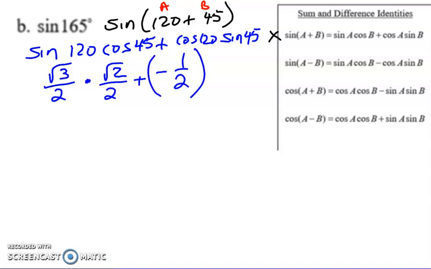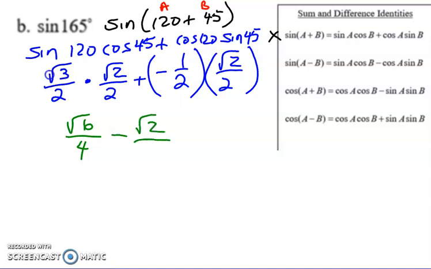And the sine of 45 is square root of 2 over 2. So again, when we multiply them out, we're going to get the square root of 6 over 4 because we have that negative. It's going to be minus, you never write plus negative, so minus the square root of 2 over 4. And then again, write it as a single quotient as the square root of 6 minus the square root of 2 all over 4.